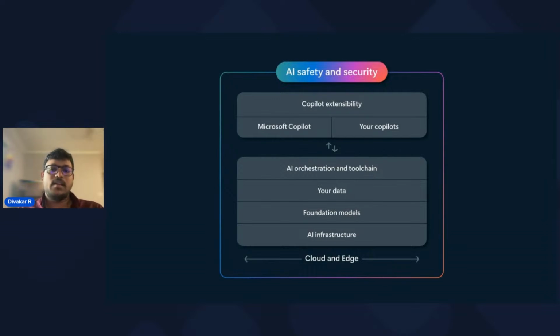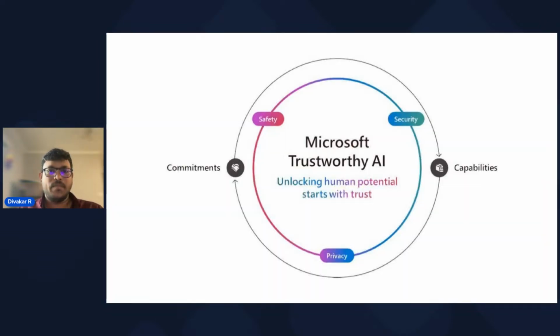So my data, the foundation model, the AI infrastructure, and this entire orchestration are maintained carefully by the Microsoft team on the backend. Microsoft has been a trusted player in the field of AI and in all other fields for quite some time, and they have given their full commitment towards it.